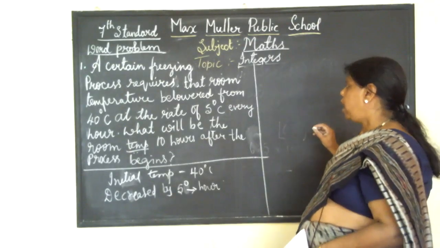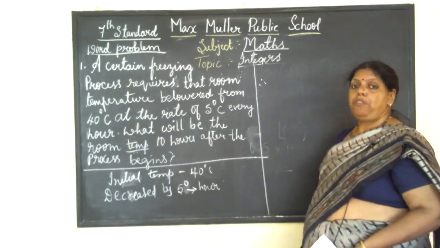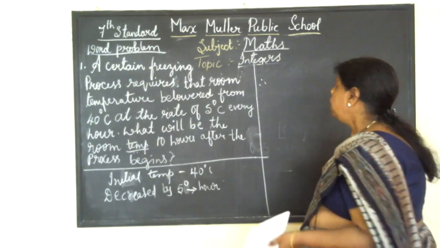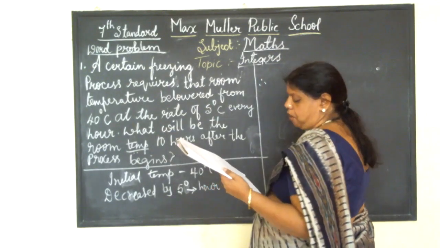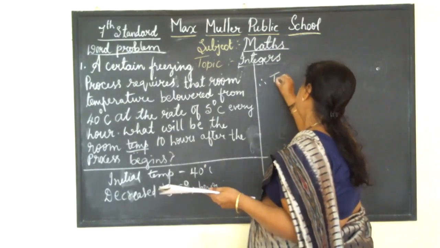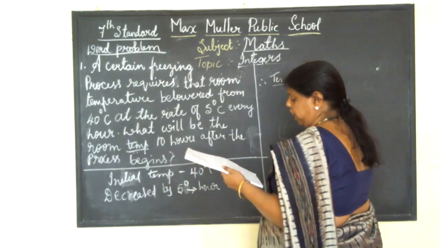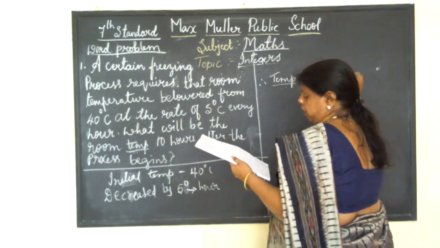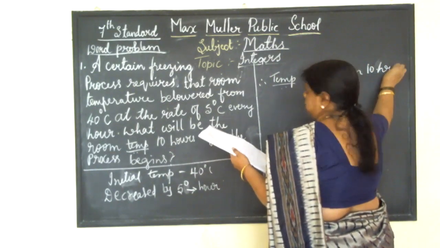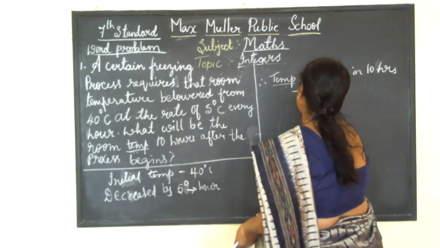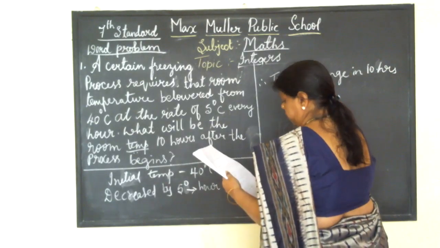So, now what we have to do, what we have to say, after 10 hours, what will be the room temperature? So, therefore, temperature change in 10 hours, that is -5 into 10.